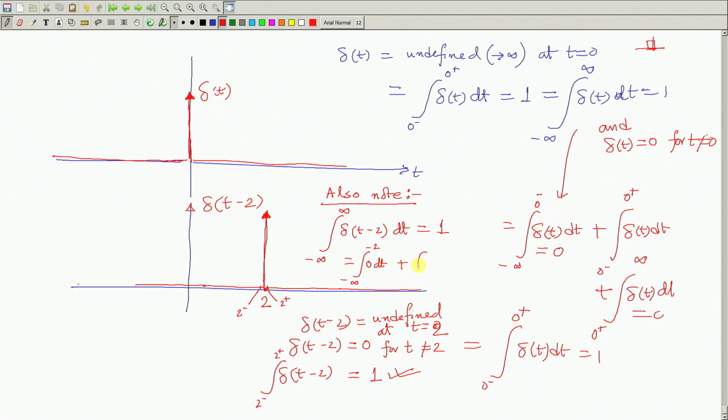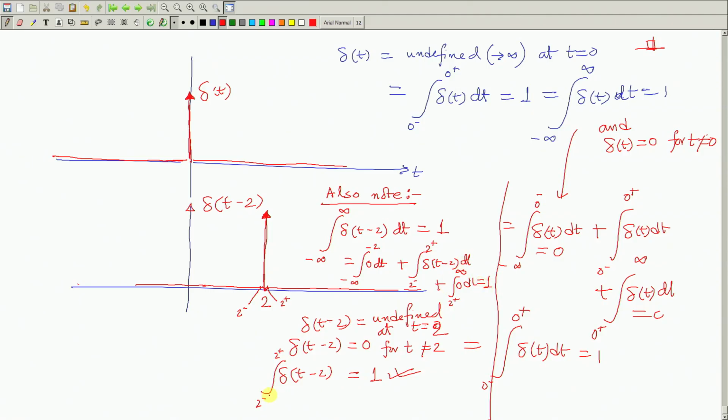Then you will write 2 minus, a number very close to 2 but less than 2, to 2 plus of delta(t minus 2) dt, and finally 2 plus to infinity, the value of the function is 0. The integral from 2 minus to 2 plus of delta(t minus 2) dt is equal to 1. So, this will be 1.